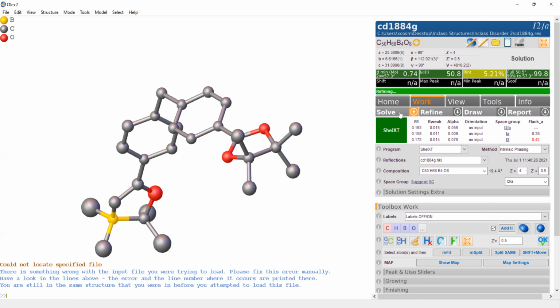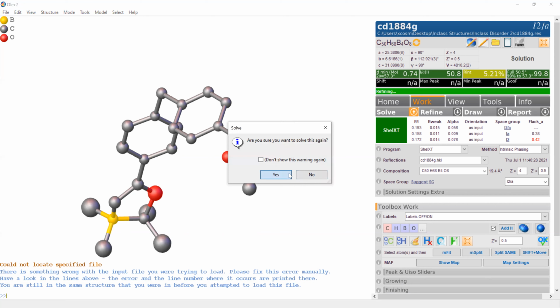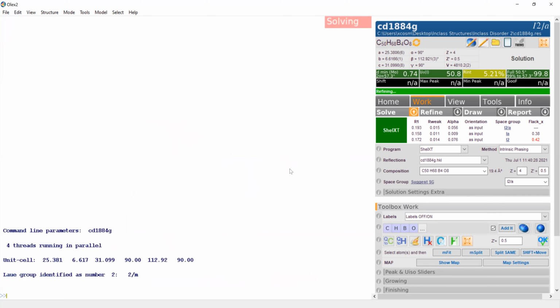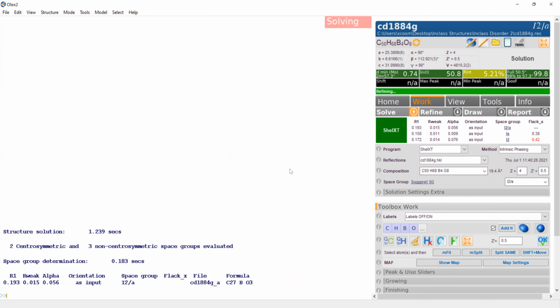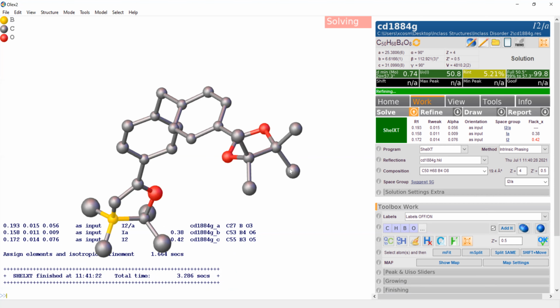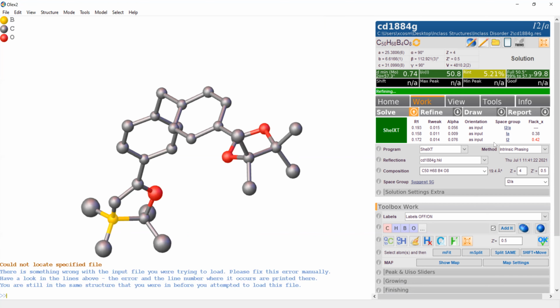Let me try to solve it again. Well, you should be able to click on the space group and it'll give you the structure in that particular space group. For some reason, it's not doing it for me, which is okay.